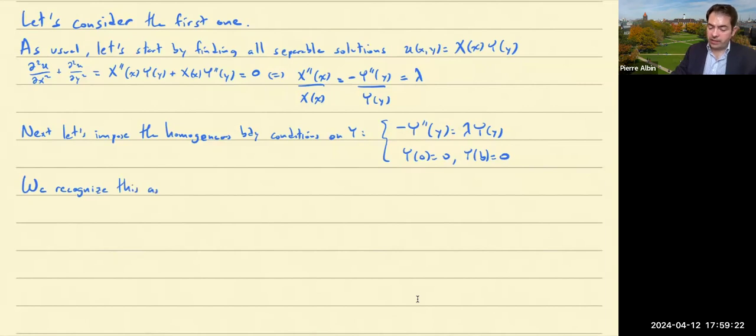We recognize this as the eigenvalue problem that leads to the Fourier sine series.